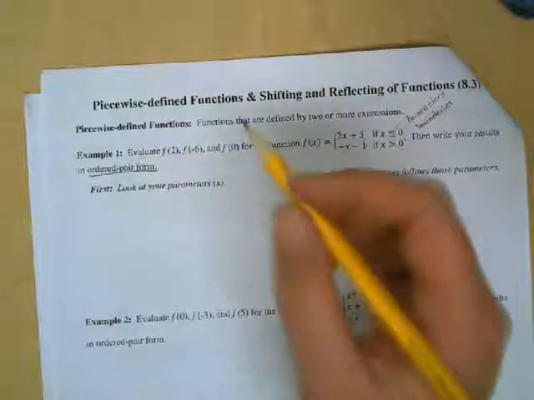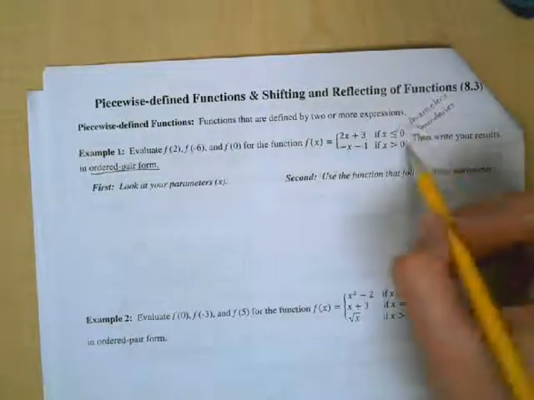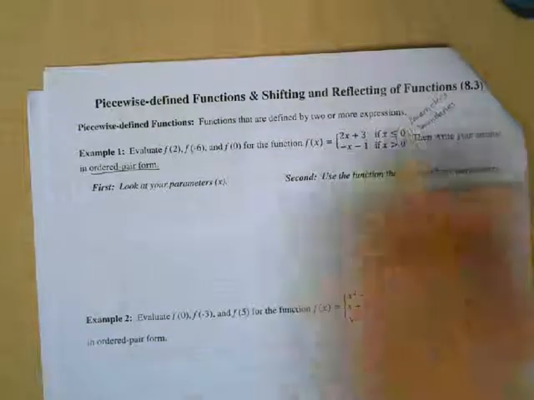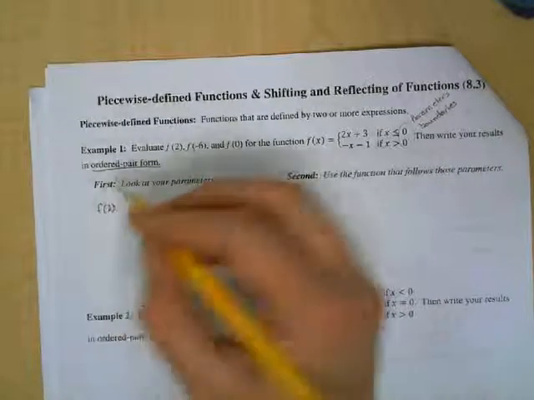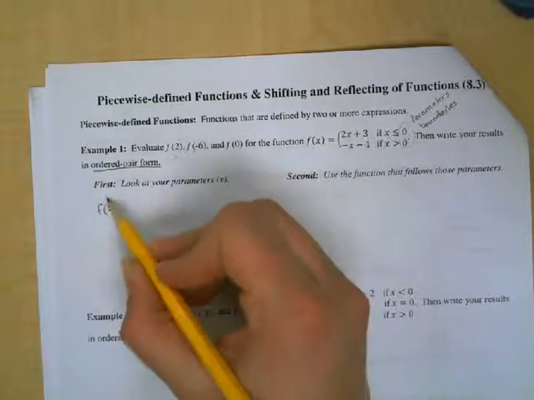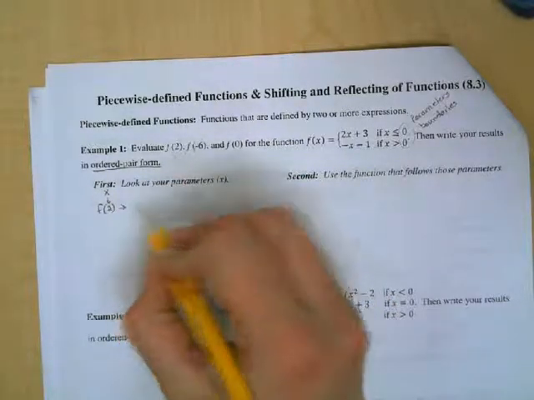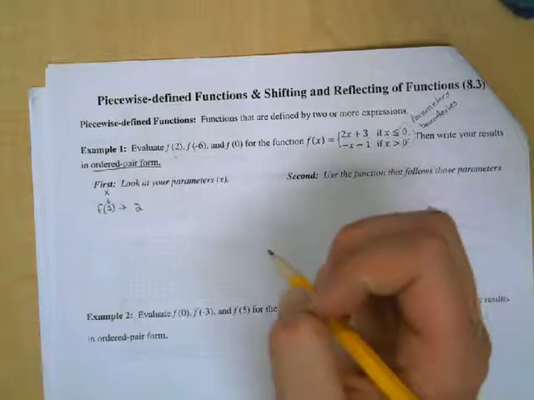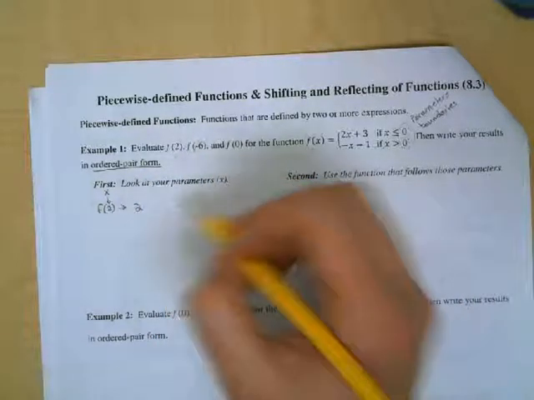If I want to do this, I need to look at the parameters. I'm using this piece when x is less than or equal to 0. If I'm looking at f of 2, remember the number inside of the parentheses is my x. So essentially x is 2. Is that less than, greater than, or equal to 0?